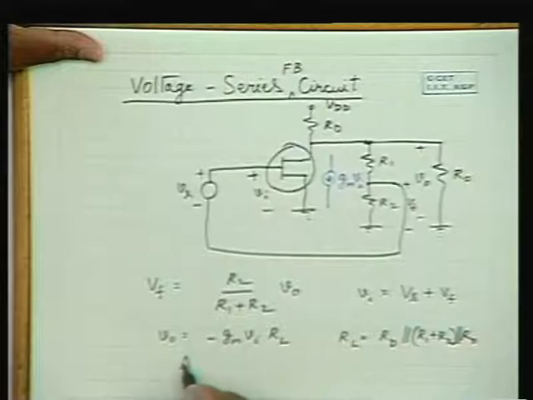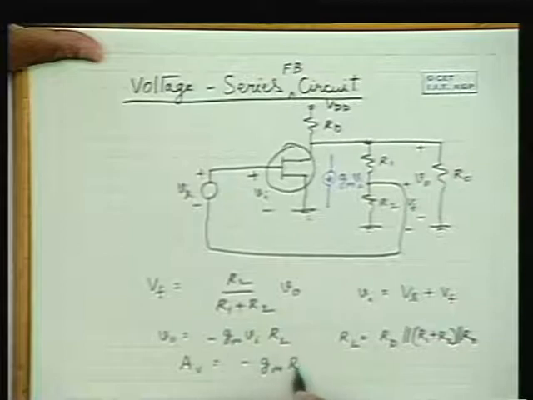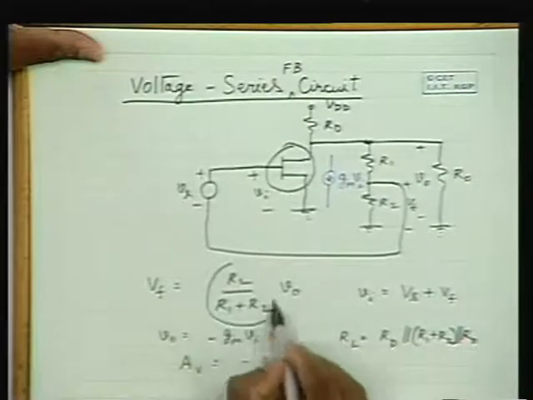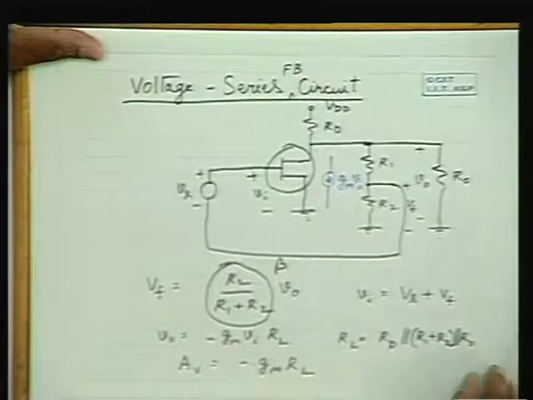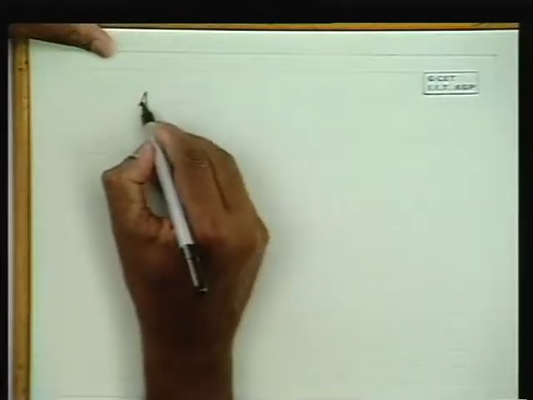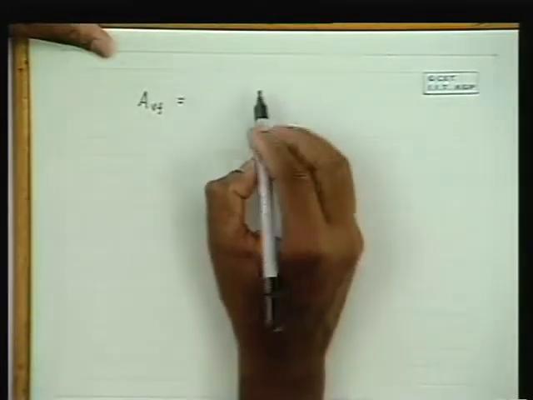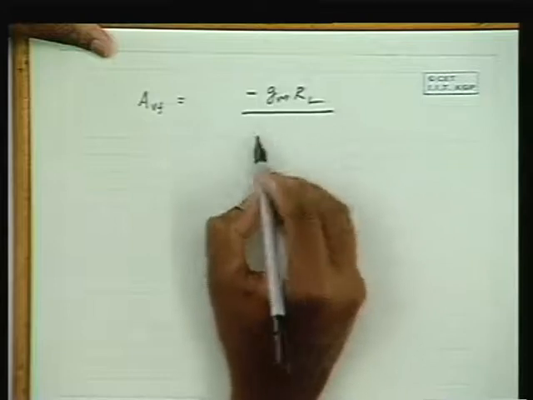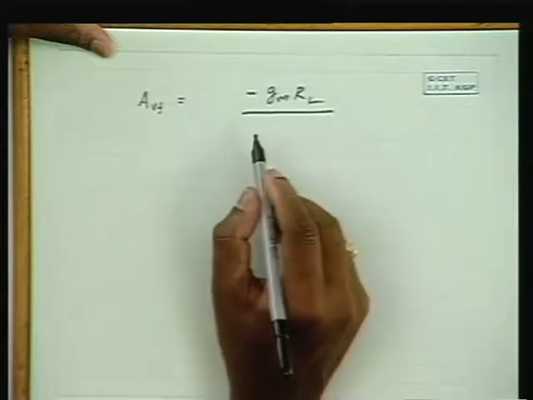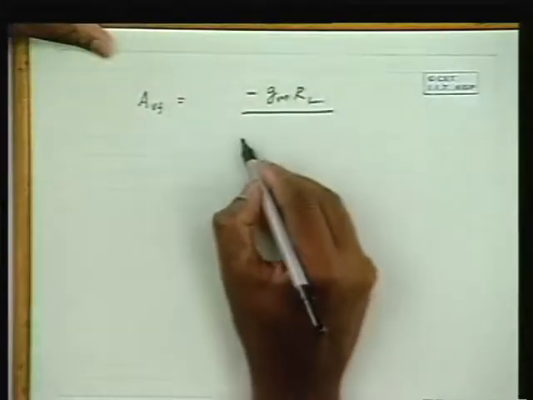Therefore the voltage gain here is minus Gm RL, and this is the feedback factor, beta. Hence, the voltage gain in this case is equal to minus Gm RL by 1 minus A beta, because the feedback is adding to the input signal.